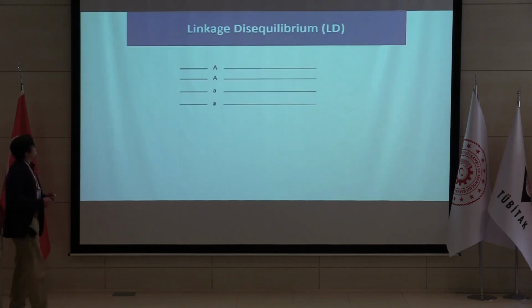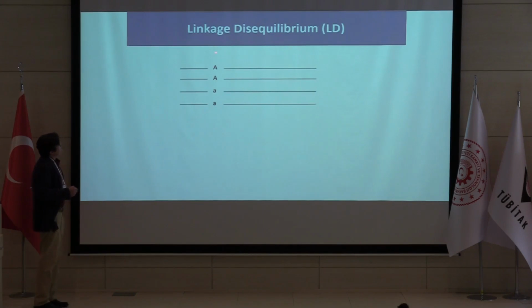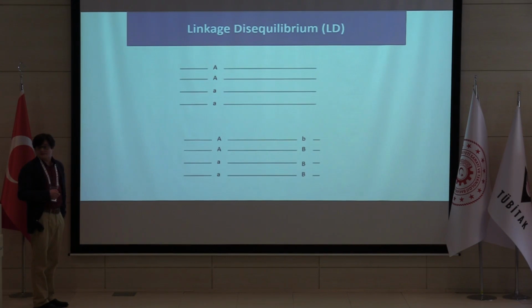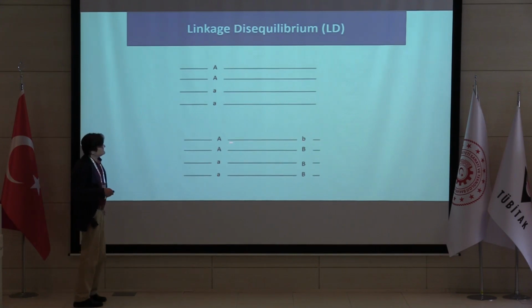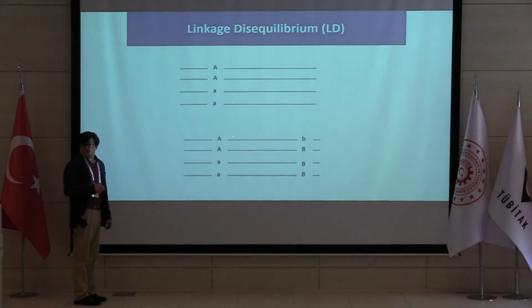So for example, historically, in my original population, I was segregating this variant, so there is a large A and a small a. At a certain point, I accumulate a new mutation. For example, in this locus B, I accumulate B small. Now see what's happening. B small is linked to A large.